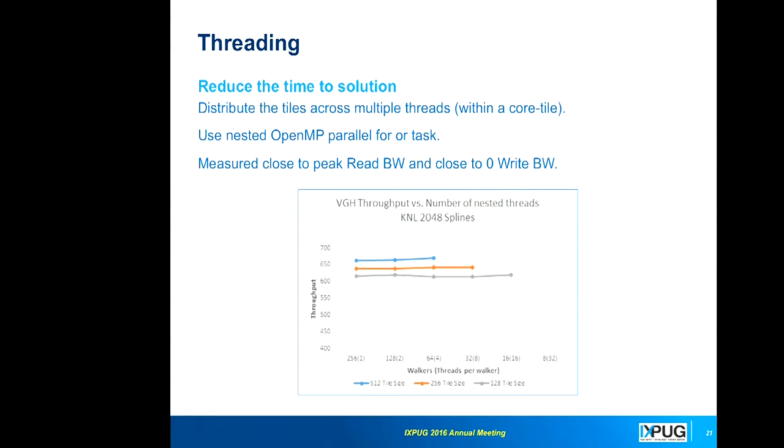As the previous slide shows, we already have the tiling. So it's very simple. You just put the threading on that loop, to use the tiles as individual works feeding the threads. And in this way, we didn't see any performance degradation, so it seems to work well in this first try.